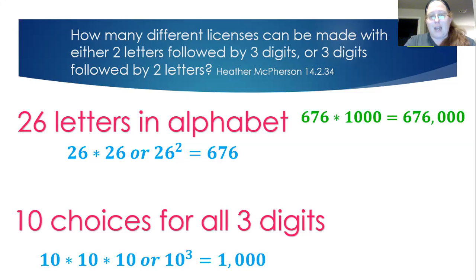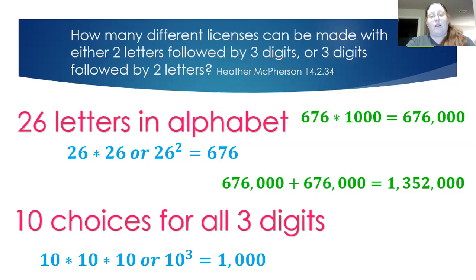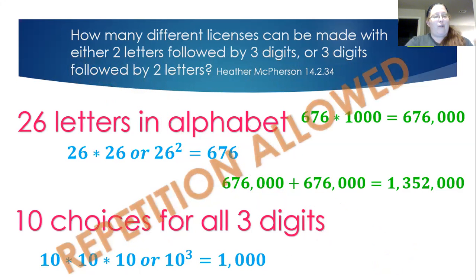Since they're the same, 3 digits followed by 2 letters, we want to know how many altogether. So it's going to be 676,000 plus 676,000, which equals 1,352,000 combinations for different license plates in this state. And again, this is when repetition is allowed.